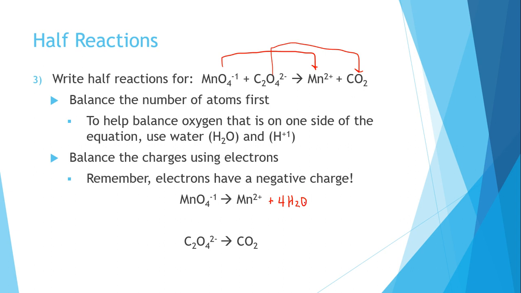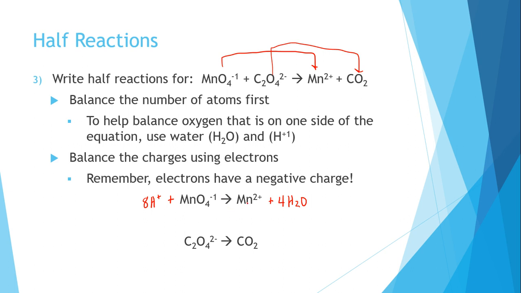Notice I now have my 4 oxygen, but this leaves me in another predicament. I have 8 hydrogen now, but there's no hydrogen on the left. So what we do is we counterbalance it by putting 8 hydrogen ions on the left. Now your atoms should match up. 8 hydrogen, 1 manganese, 4 oxygen, 4 oxygen. From there, we have to make sure that we balance our charges using our electrons.